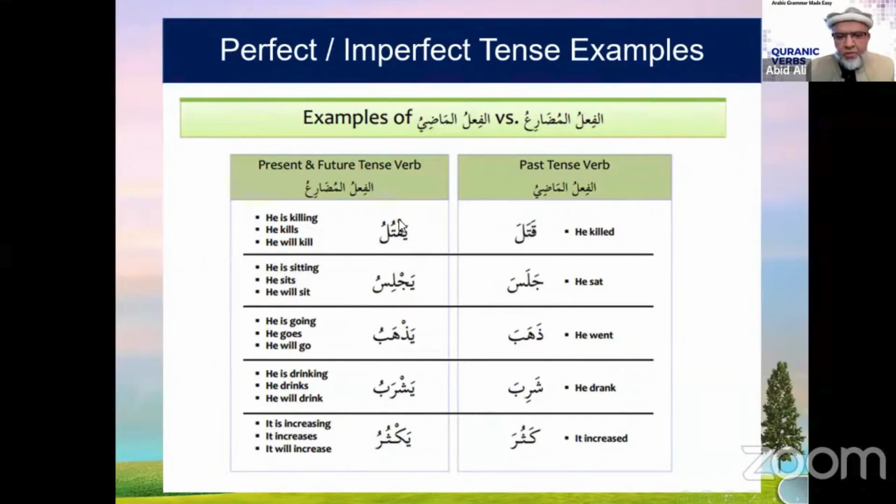But what happens to the mudare? Over here, katala changes into yaktulu. So what happened here? The ain kalima has the dhamma. When we had jalasa, the mudare was yajlisu, and there is a kasra on the ain letter. And when we had zahaba, we got yazhabu.